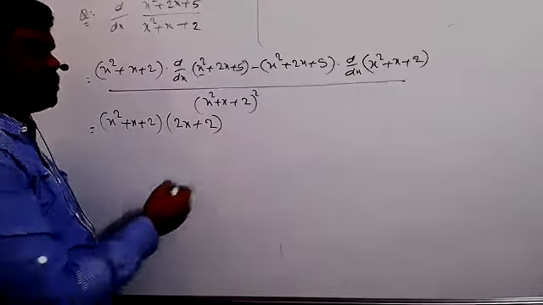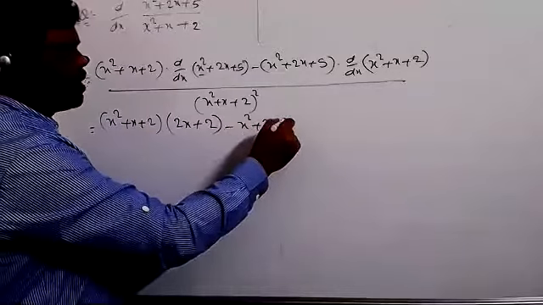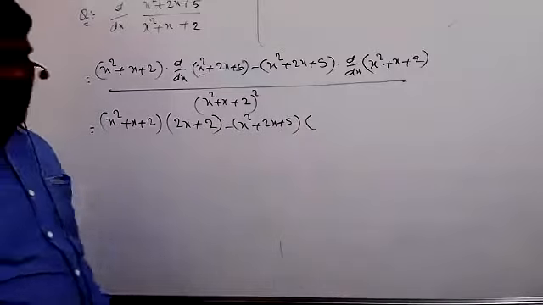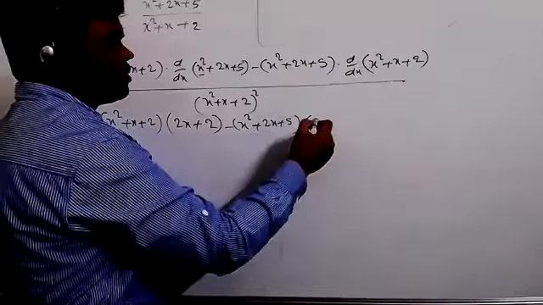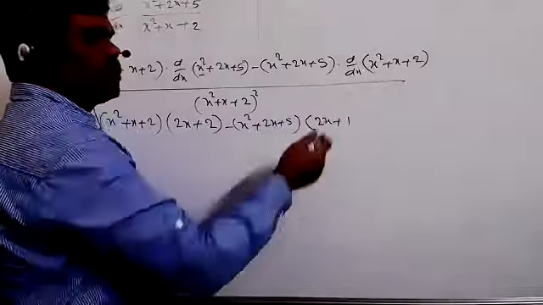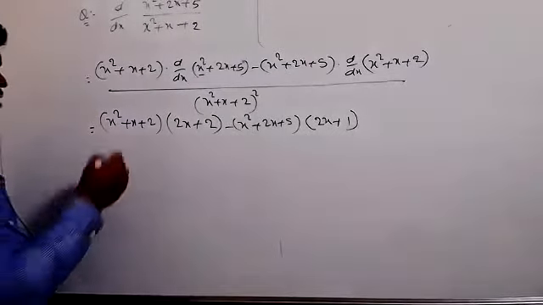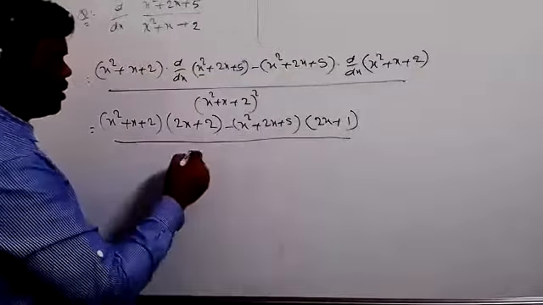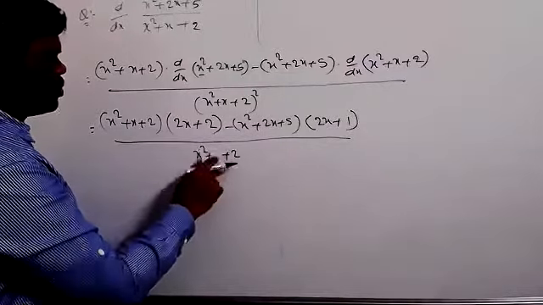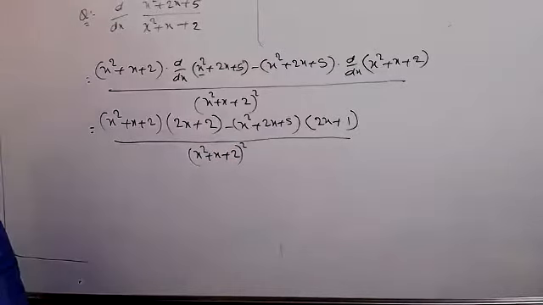Minus x square plus 2x plus 5 into the same thing only: differentiation of x square equal to 2x plus d by dx of x equal to 1, constant equal to 0, whole by x square plus x plus 2 whole square. That's fine now.